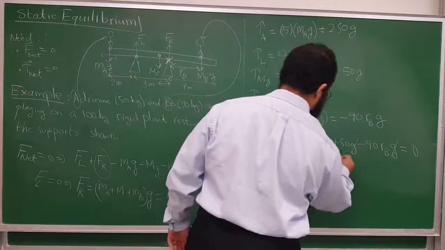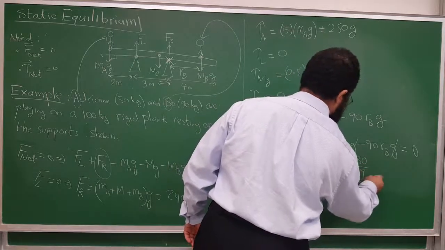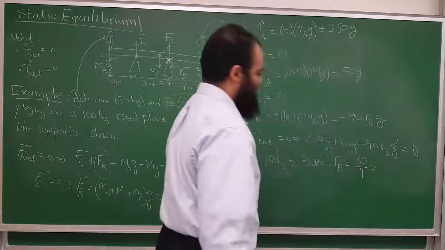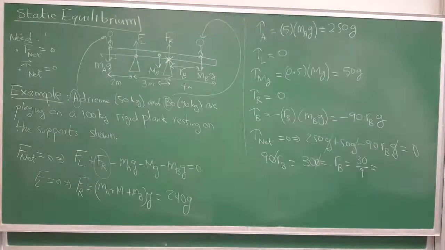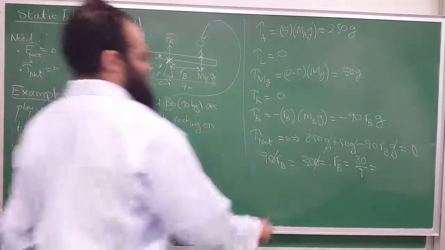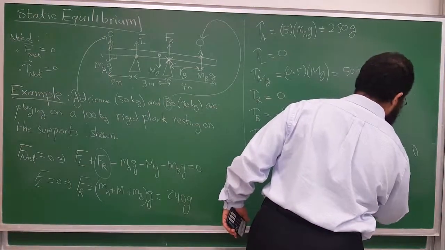And so you get R_B will be 300 over 90, which is 30 over 9. And 30 over 9, let me calculate it, that gives me 3.333. So let's say 3.3 meters.